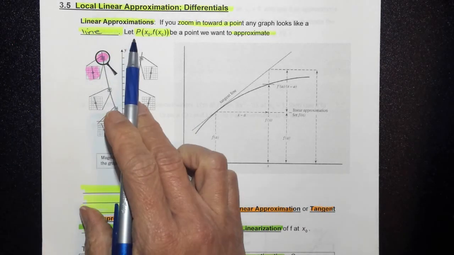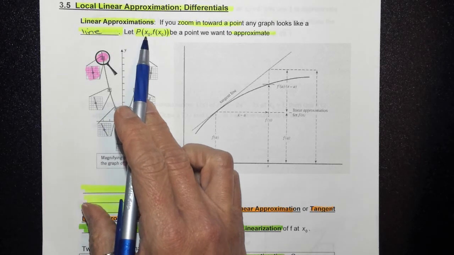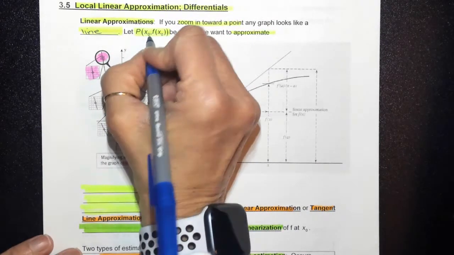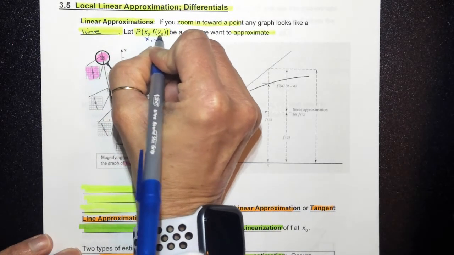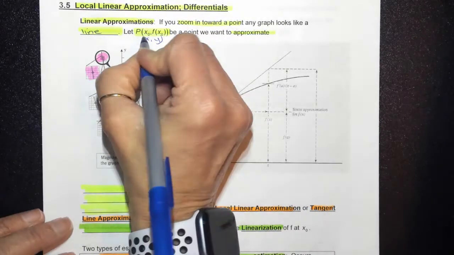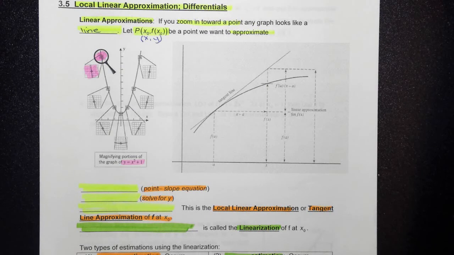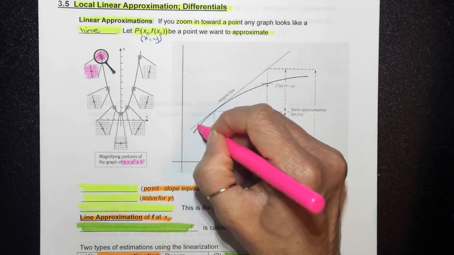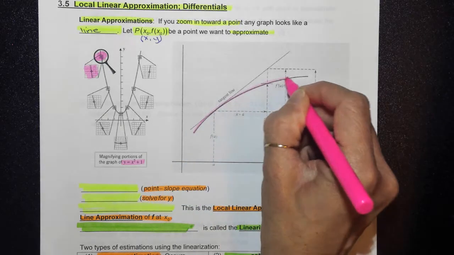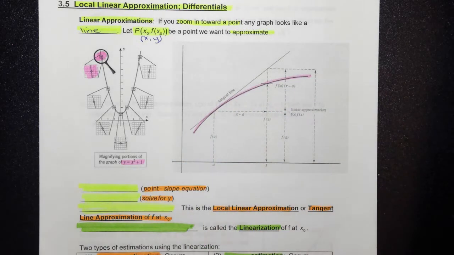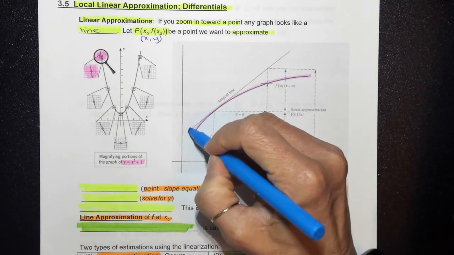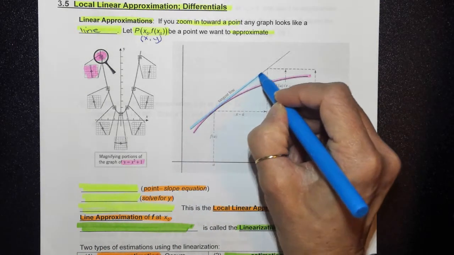So if we have some given point, x sub 0, f of x sub 0, which is really just x comma y, there could be a point that we want to approximate the value of. What we're looking at here is the function f of x, and this is our tangent line right here.